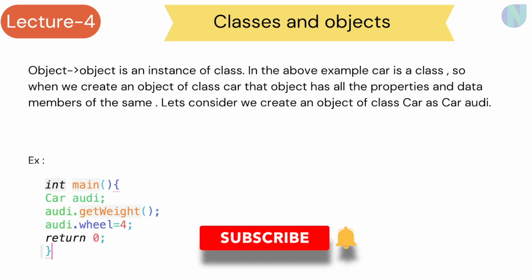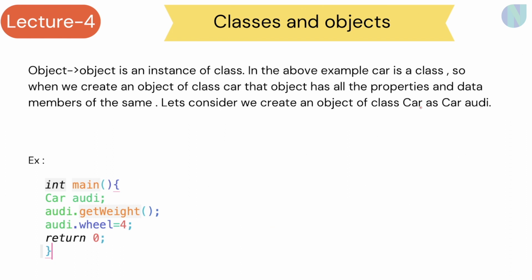Let's consider we create an object of class car as car Audi. In the previous slide we declared the class as car, and now we are making an object of the class car. We give the class name and then the object name, so we have created car Audi.